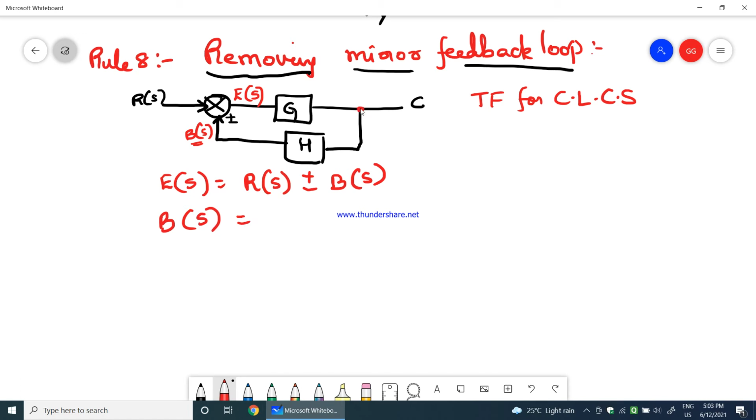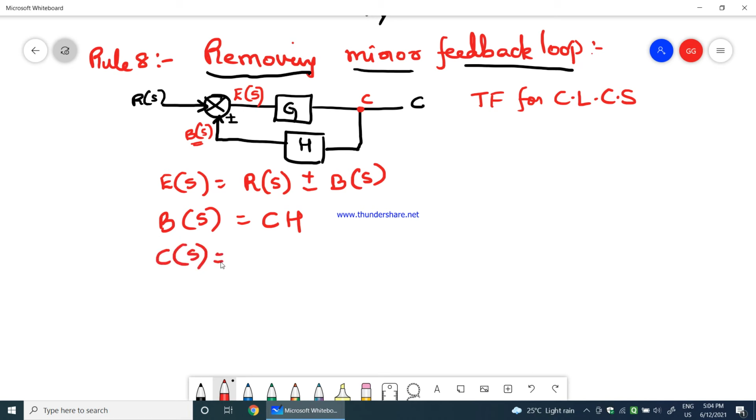At this point we have C, and that is getting multiplied by H. Therefore I can say B of S is equal to C into H.